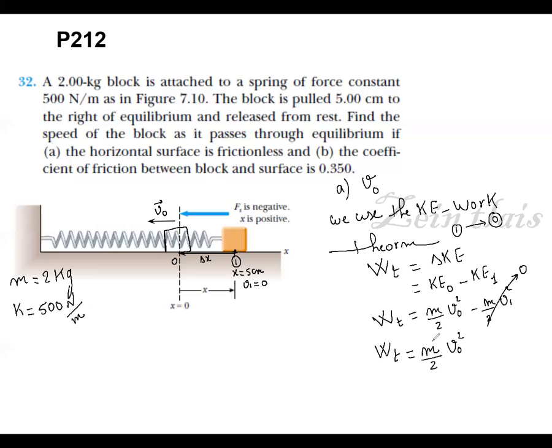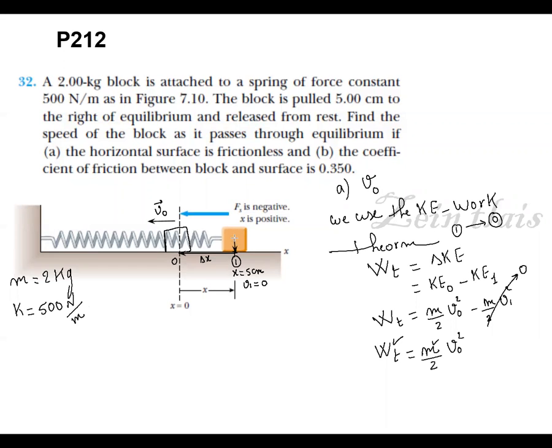We have the value of M. I have to calculate the total work applied on the object, so we use this theorem to find VO. If we talk about the velocity, you have to think about the kinetic energy work theorem.